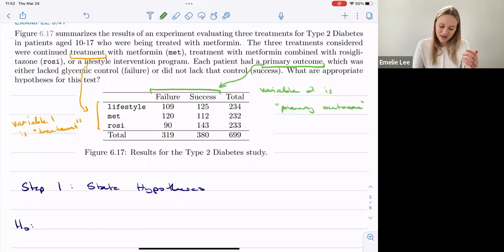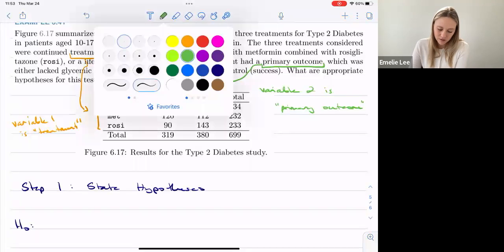And so what we're interested in here, so for our hypotheses, is the treatment, right? Or rather, let's talk about the outcome, right? Of course, we're most interested in the outcome. So is the primary outcome independent of the treatment that the patient receives? Right?